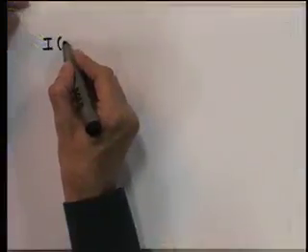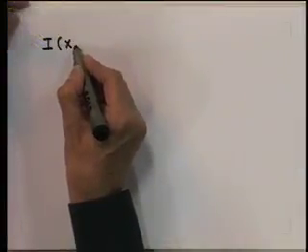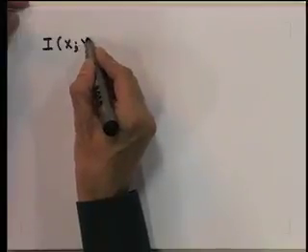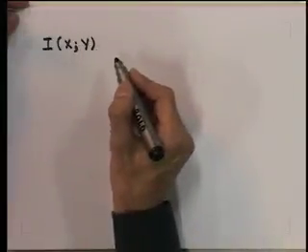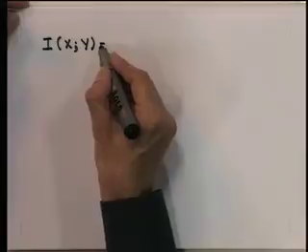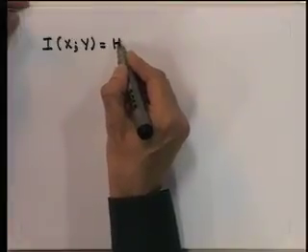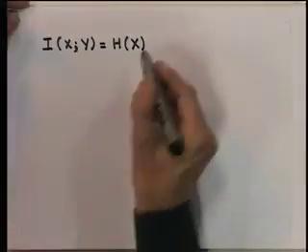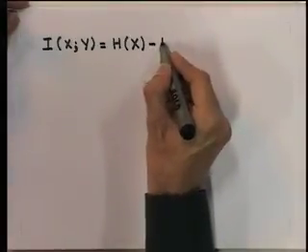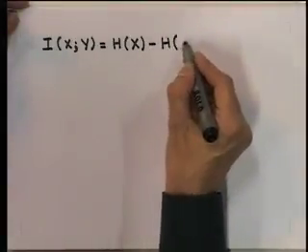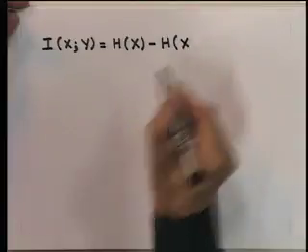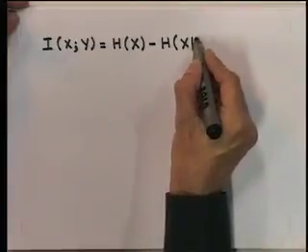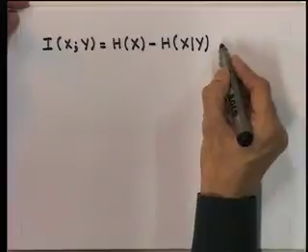This relationship can be noted as follows. Mutual information between the input x and the output y is equal to entropy of the input less the uncertainty about the input after we have observed the output.